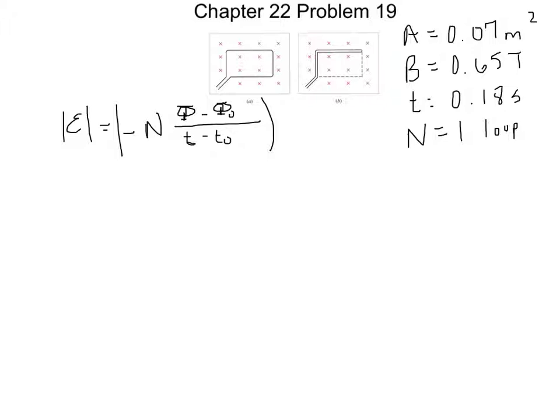Now you have to simplify this equation even more. You know that the magnetic flux is B times A times the cosine of the angle.